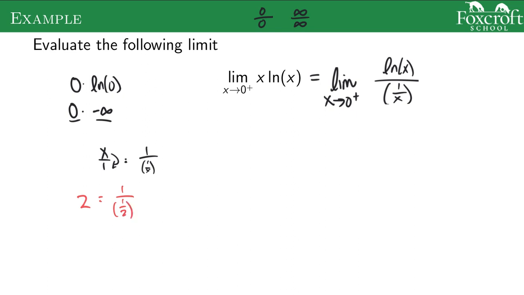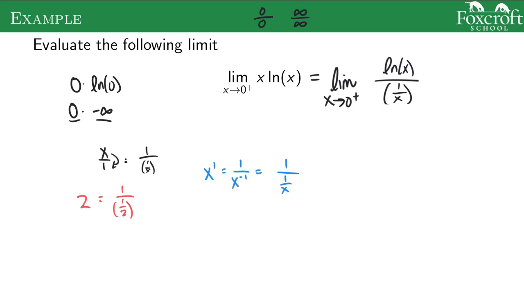The other way is that this is x to the first. I can use my negative exponent rules to turn this into 1 over x to the negative 1. I just moved it to the bottom and made it a negative exponent, but x to the negative 1 is the same as 1 over x. So a few different ways you can see this, but the thing that I wrote is the same as our original problem.